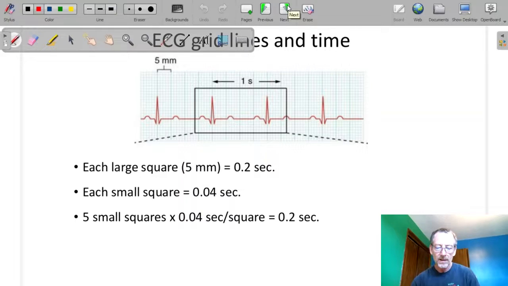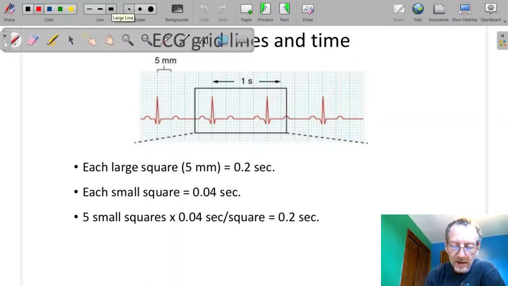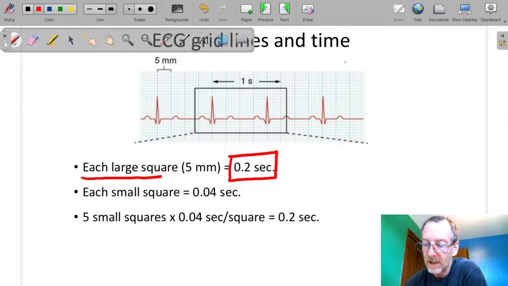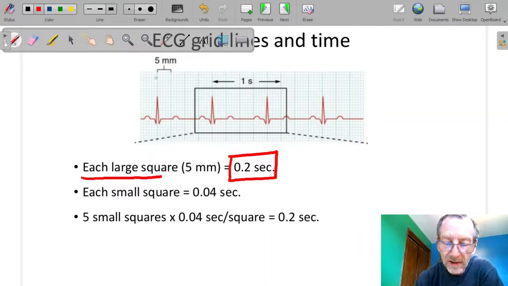And here is just practice looking at an EKG on a grid line. All I'm after here is that you know that each large square represents 0.2 seconds. So here is 0.2 seconds. It's 5 millimeters. So that line to that line is 0.2 seconds, 200 milliseconds.